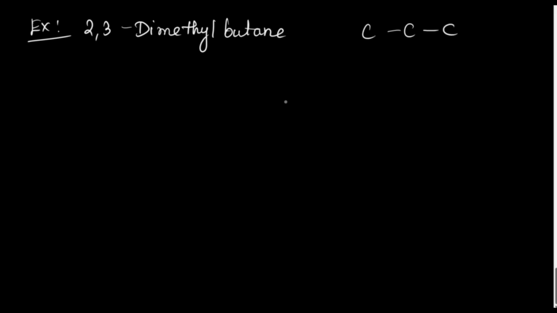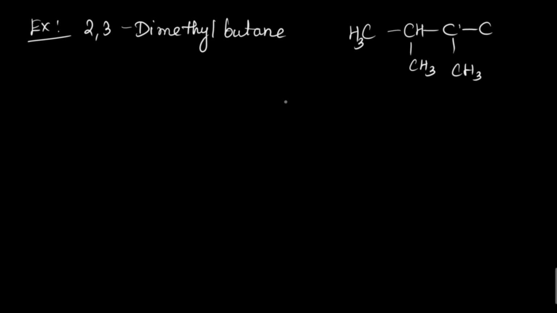Butane, so 4 carbons must be there. 2,3-dimethyl. So the remaining hydrogens. For this structure, we are going to write all the other projection formulas.